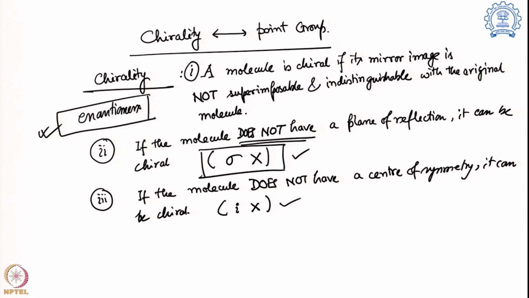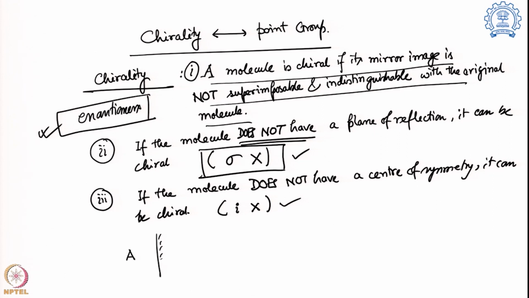So, for that we go back to the first definition. First, we take a molecule, say it is A, we take its mirror image, and this particular mirror image we try to find whether it is superimposable and indistinguishable. Now, how do we do this?